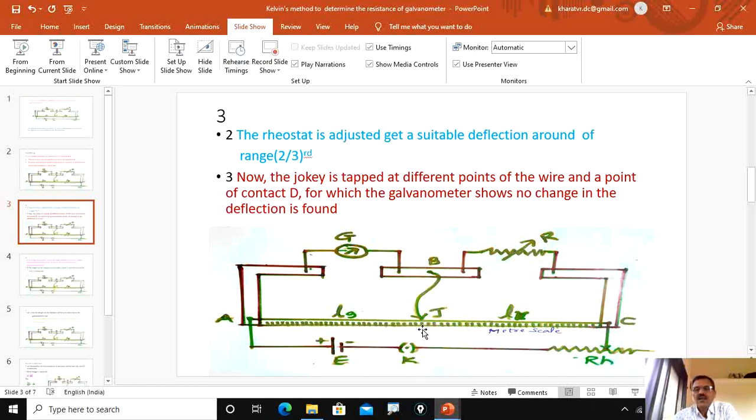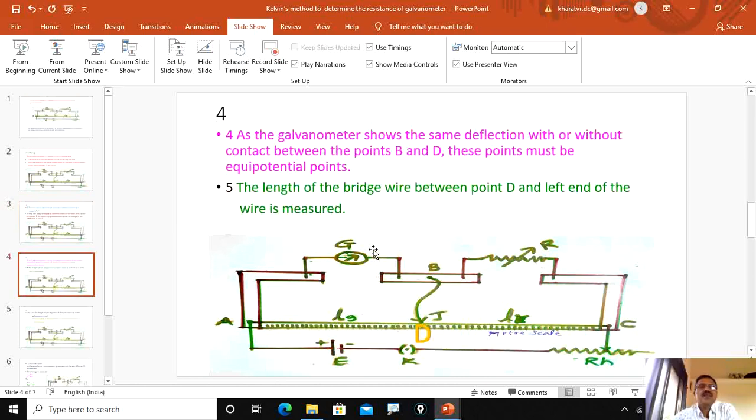What is done? The jockey is touched to different points of the wire, and the point of contact such as D, at which the galvanometer shows the same deflection as before, is determined.